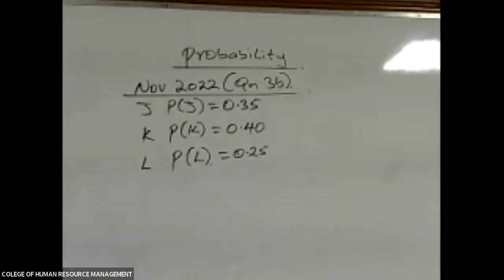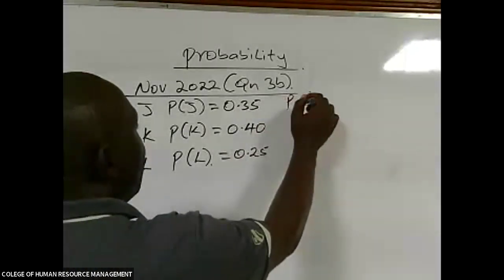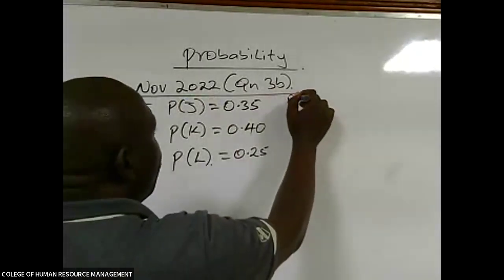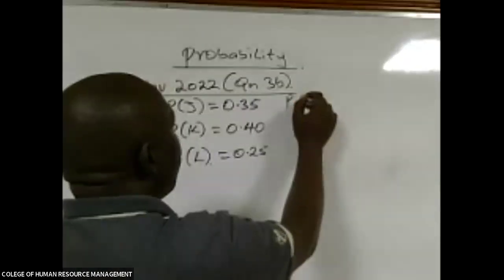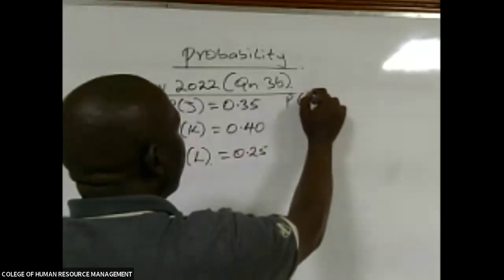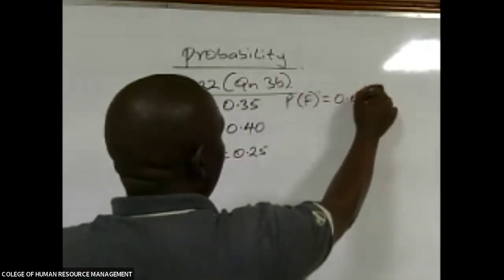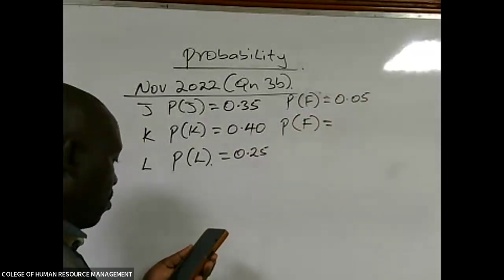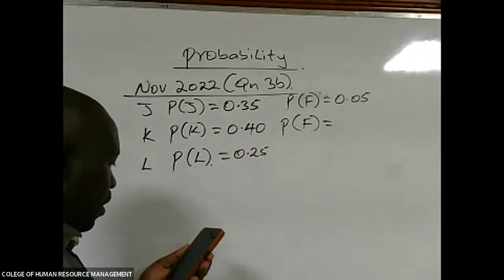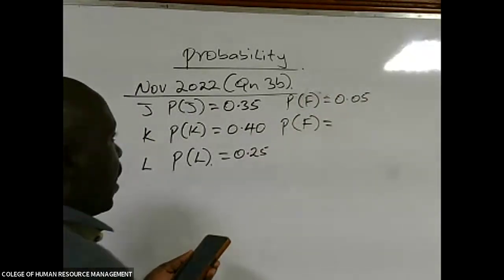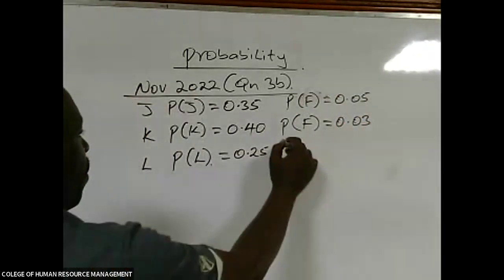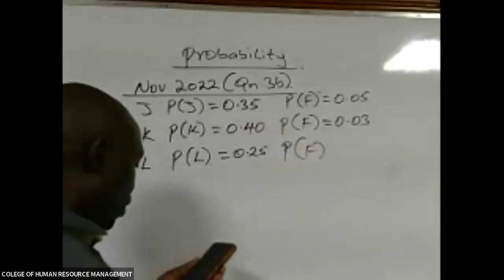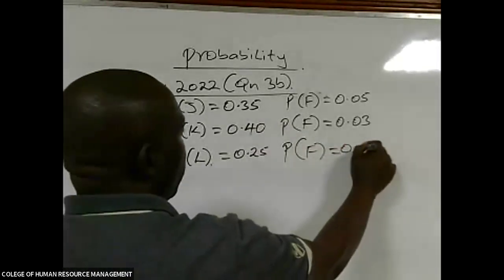Then it goes on to say that it is known that 5% of the pens made using machine J are faulty. So the probability that it is produced by J and it is faulty is 5%, which is 0.05. The probability that a pen is produced by K and it is faulty will equal what? 3% of K, 0.03. The probability that it is from L and it is faulty is 2%, 0.02.